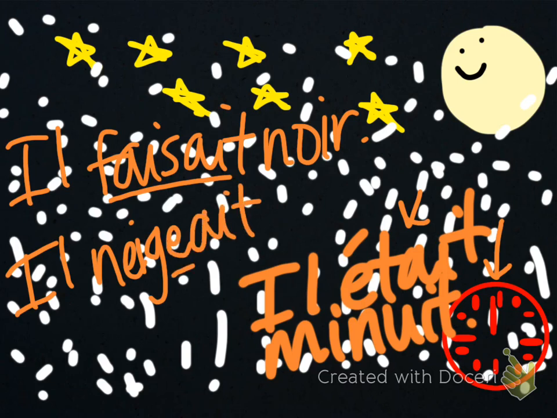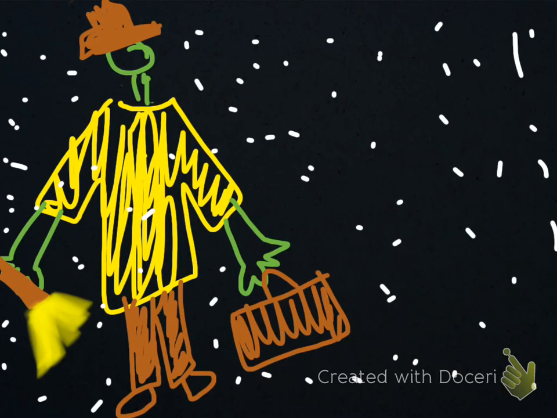And we keep that E in there because it's the GER verb to snow. So it says, it was dark, it was snowing, it was midnight. So this is the imparfait because we're setting the scene. It's a description. So we've set the scene.